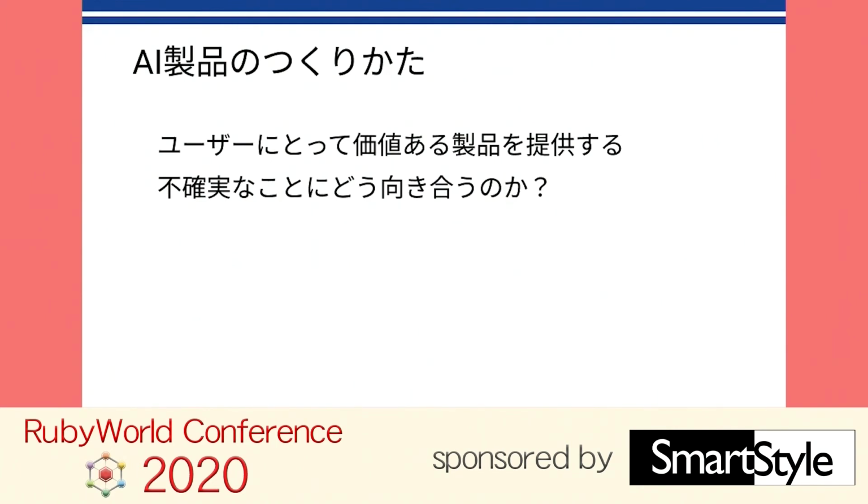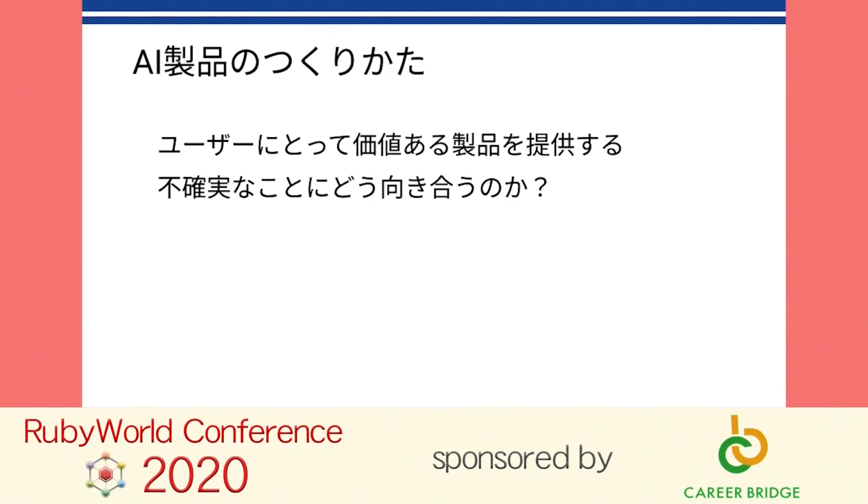When people hear the word AI, some people feel a little bit skeptical. Does it really work? Is it really useful? Well, we understand many people feel that way, but we also have the passion to provide valuable products to the users. So that's the mindset we have in the production process.